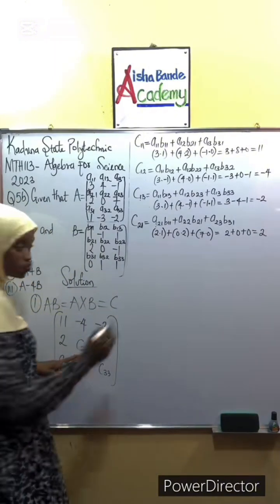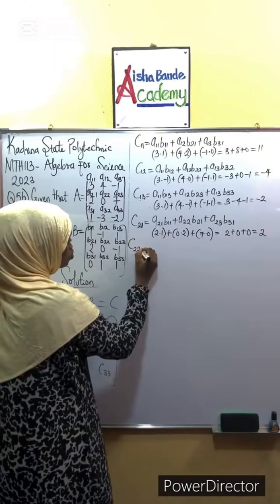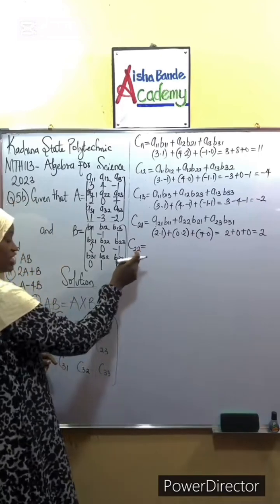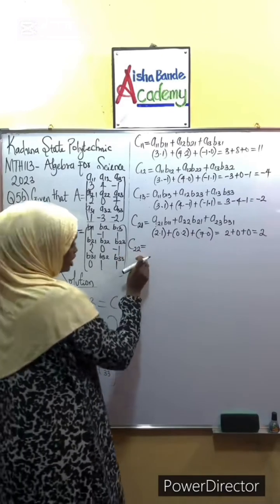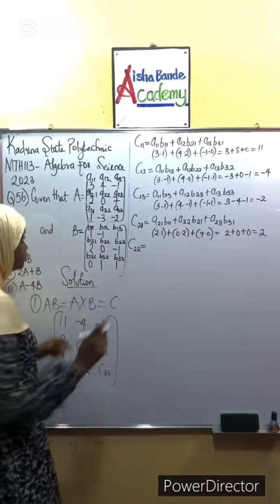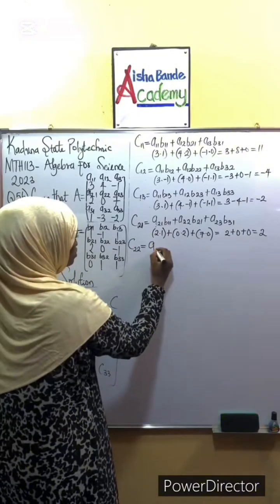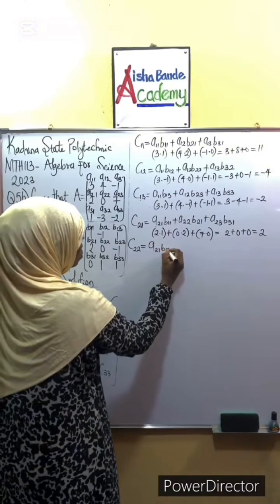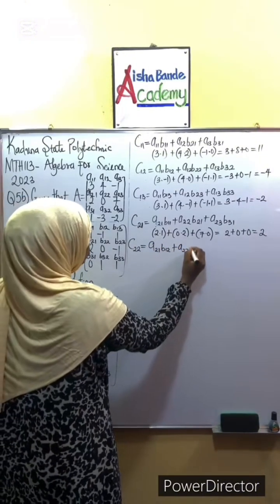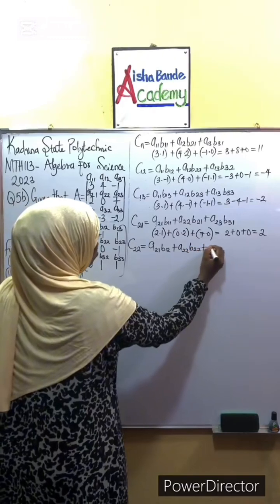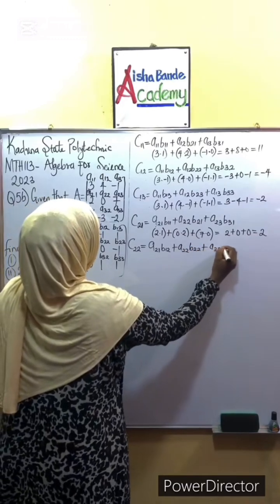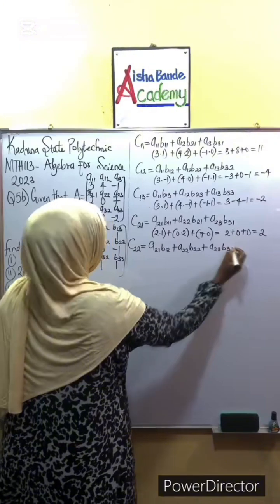So let's move on to the next one, which is for us to find C22. C22 means maintaining the second row on matrix A, then the second column on matrix B. So this is going to be A21 B12, plus A22 B22, plus A23 B32.